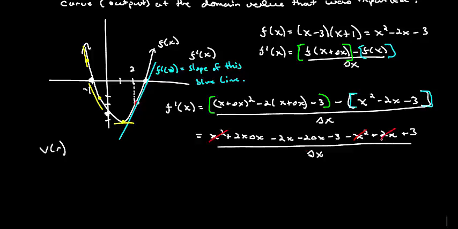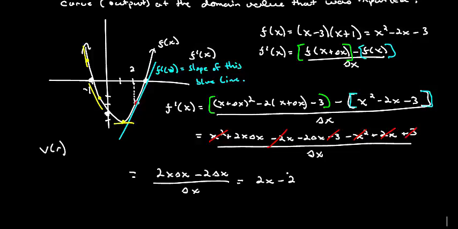The x squareds cancel out, the 2x's cancel out, and the 3's cancel out. So all we're left with here is 2x delta x minus 2 delta x over delta x. When we divide everything by delta x, we get 2x minus, whoops, wait a minute, 2x minus 2. Okay? So what?